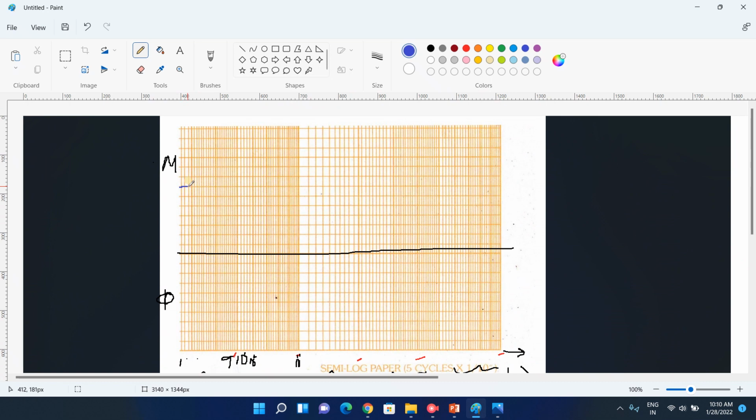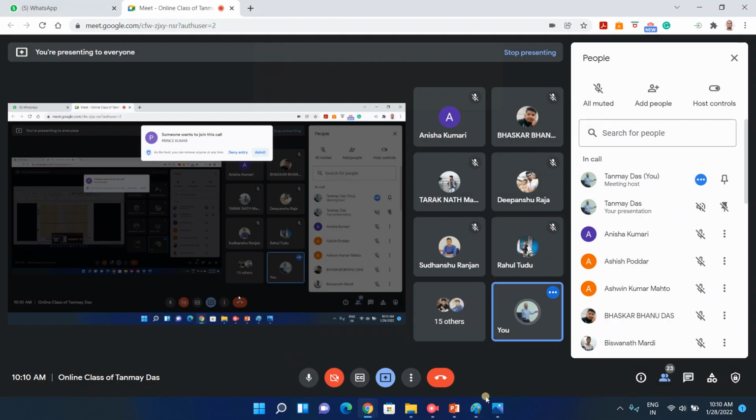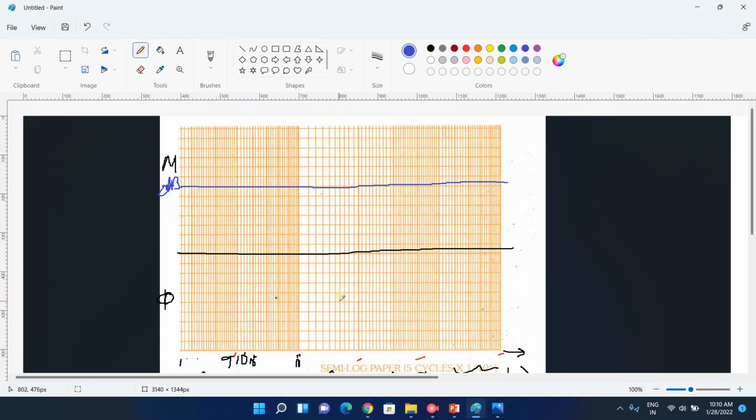In the magnitude plot, you have to take one reference axis. You first draw that line in between. That will be 0 decibel, 0 dB. This is the next step.